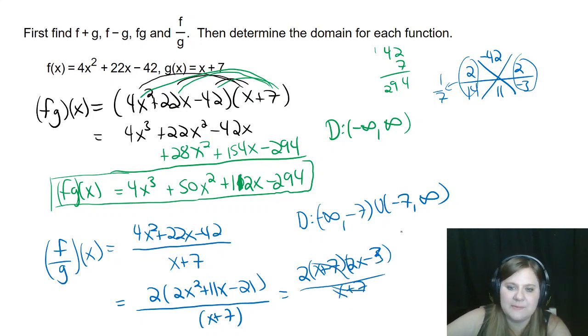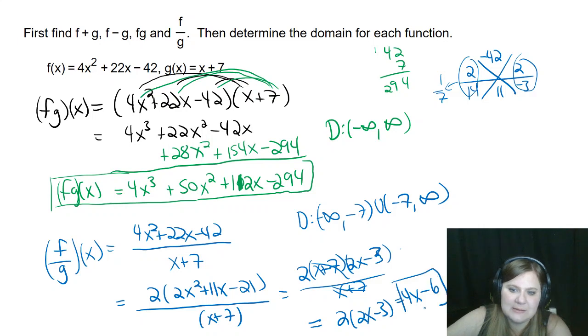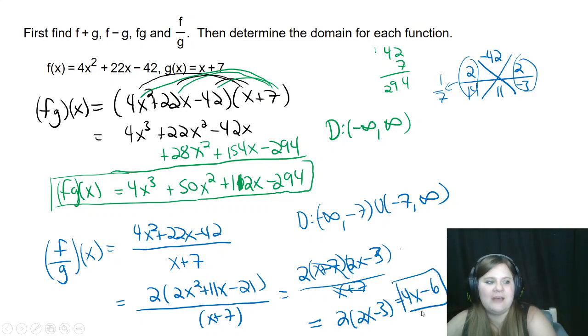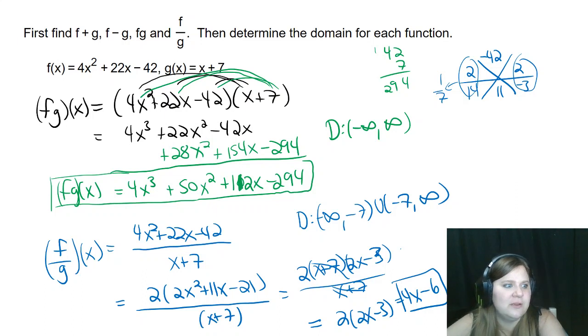You notice my x plus 7's cancel. I have 2 times 2x minus 3, which is really 4x minus 6. So f divided by g of x is 4x minus 6.